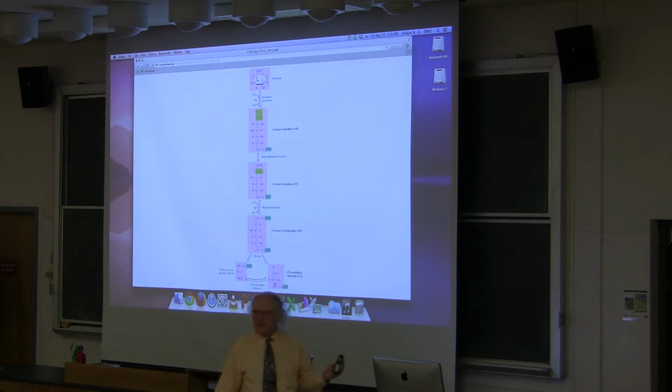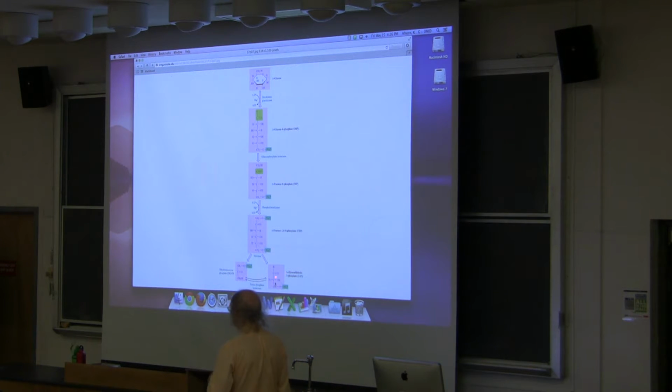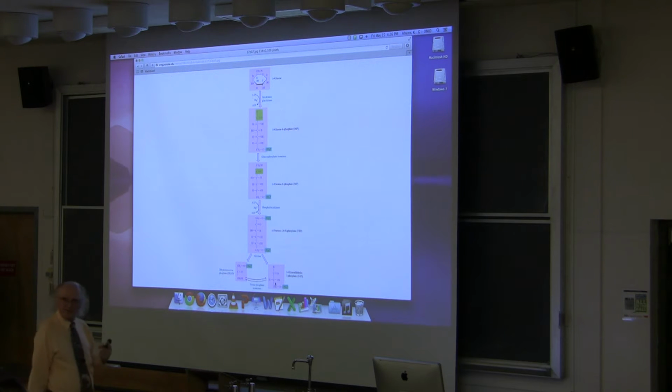Now, at this point, the cell does you a favor. The favor it does you is that the DHAP gets converted into G3P. So everything at this point is just 2 molecules of G3P going downwards. Make sense?